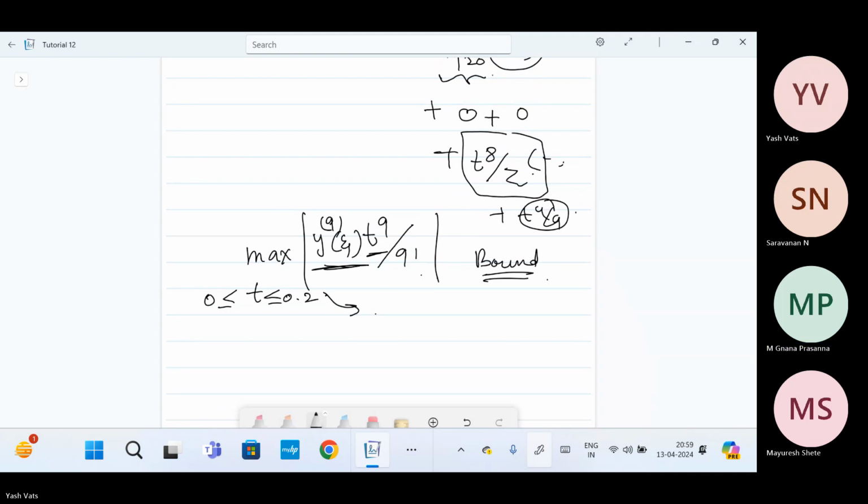We'll get a big polynomial. Why the 9th derivative? You calculate this only, the y9 derivative of t. That's it. Don't use xi.